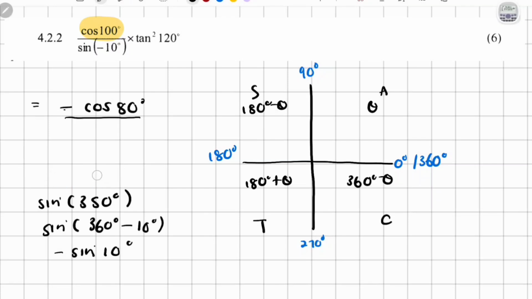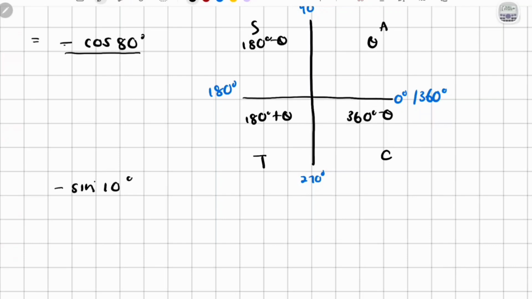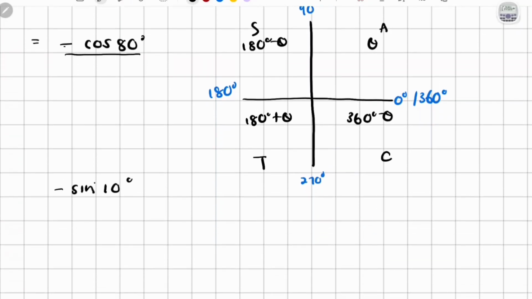And that is really just the grade 11 method of working it out. In grade 12, a way that you can look at that is if you're looking at a Cartesian plane, negative 10 degrees, you're going to have to think about how it would be measured. If an angle is positive, you measure anti-clockwise. If it's negative, you measure clockwise. So negative 10 degrees would have been measured clockwise and would land in cos quadrant.